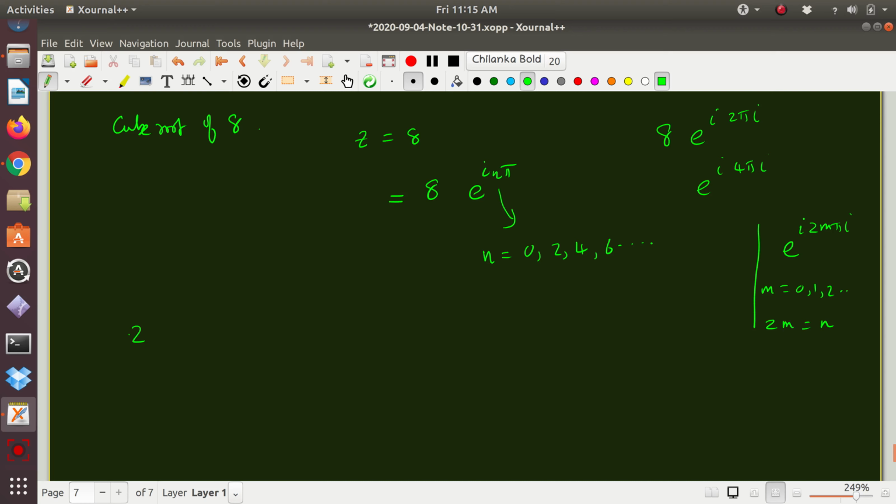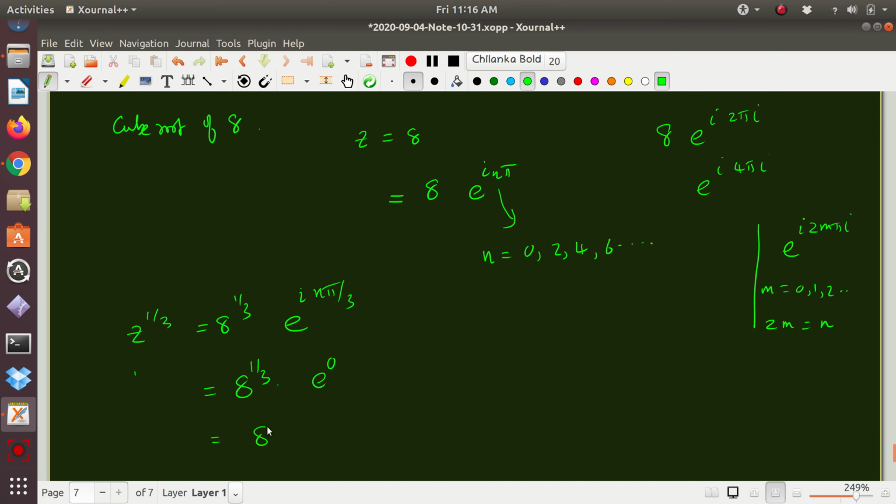Now z to the 1/3 is nothing but 8 to the 1/3 e to the I n pi by 3, because if I raise it to the 1/3, you will get n pi by 3. Now there are multiple solutions. For n equal to 0, it is 8 to the 1/3 times e to the 0.